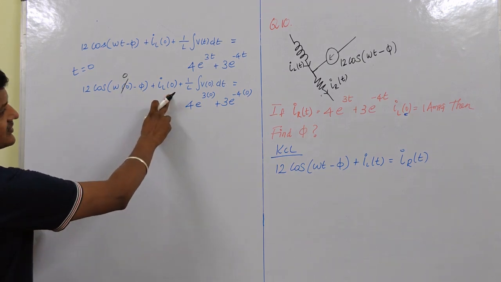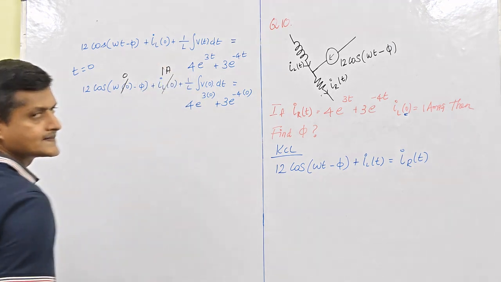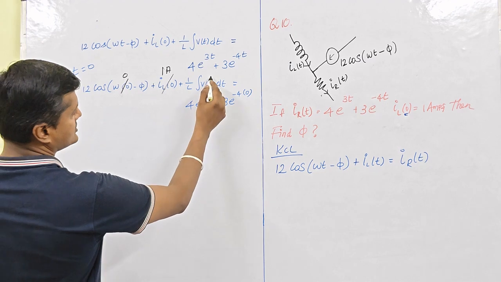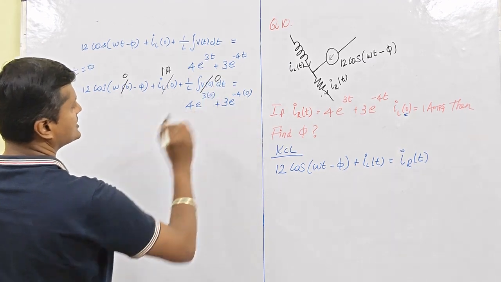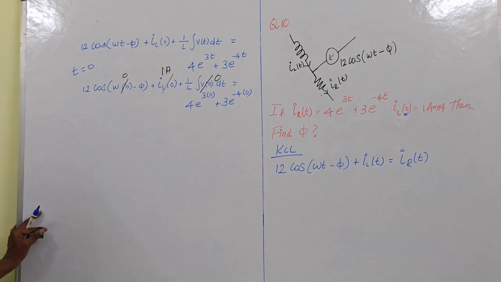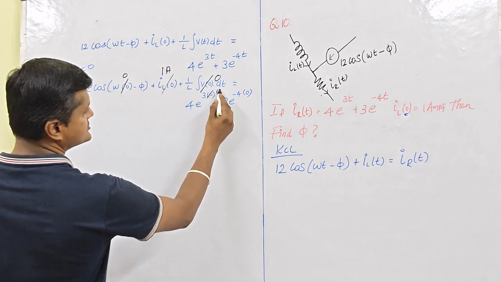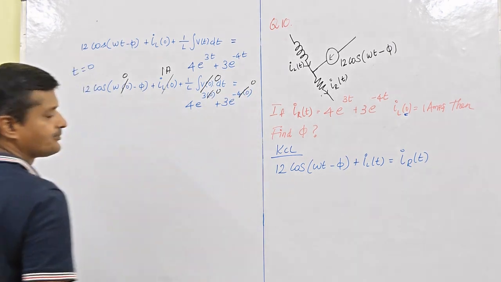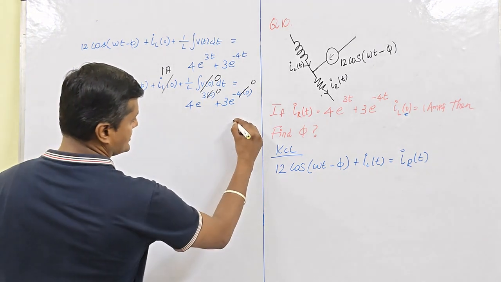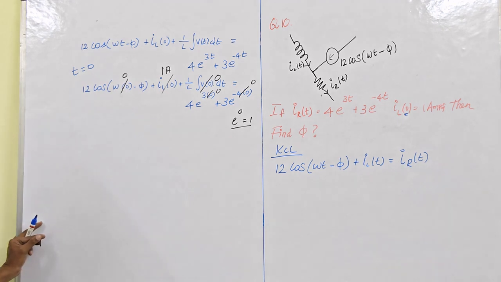What is the value of IL of 0? IL of 0 is already given as 1 amp. Since t is 0, all the terms multiplied by t are 0. Another note: e power 0 is equal to 1.